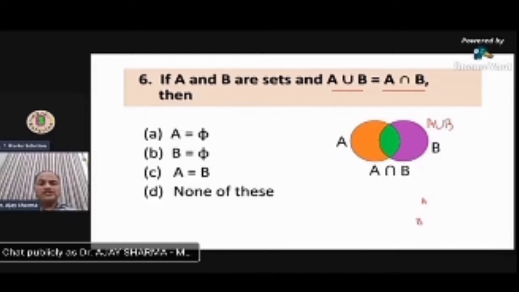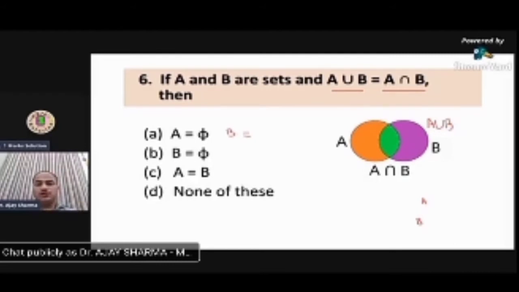Now let us see option 1. When A is equal to phi, the first set is phi. We know that the union of phi with any set B is just B, so LHS will be B. Now what is RHS?